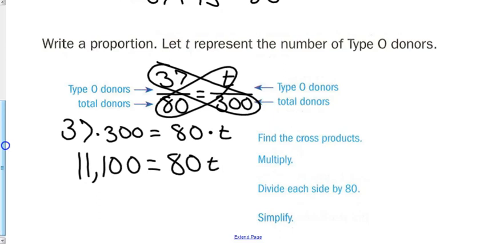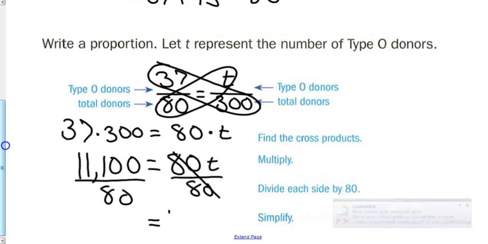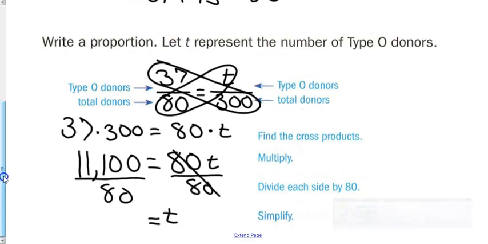So how do we get rid of that 80 on our t? Well, we divide each side by 80. And that tells us that the total number of type O donors is 138.75. But Mr. Downing, how can we have 0.75 of a donor?